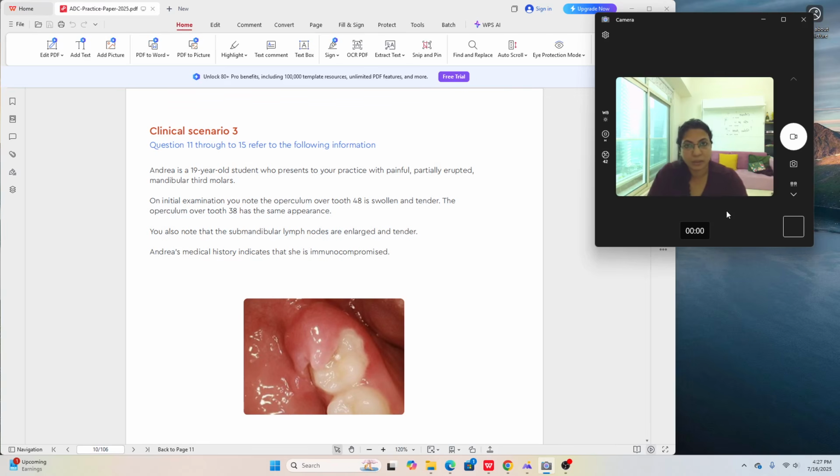Now, see how the paper is made. We have 9 different specialties in dentistry. Each specialty has its own subjects and its own concepts, and you're required to know that theory. Suppose we take the third molar, which is what this question is about. Third molars can come in oral medicine radiology, in oral surgery as impactions, and in periodontics as the inflamed operculum around it.